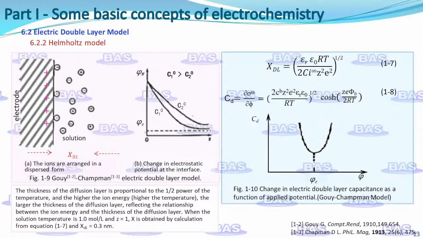The higher the energy of the ion, the greater the thickness of the diffusion layer. The diffuse double layer capacitance can be expressed by equation 1.8. The variation of capacitance with potential, due to the hyperbolic cosine term, is shown in figure 1.10.